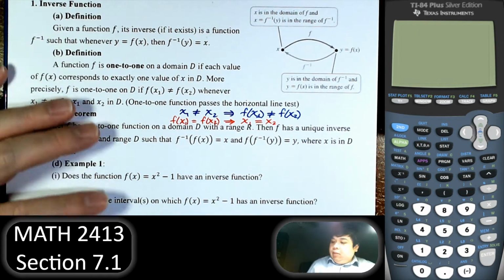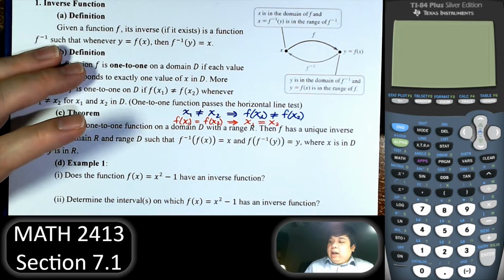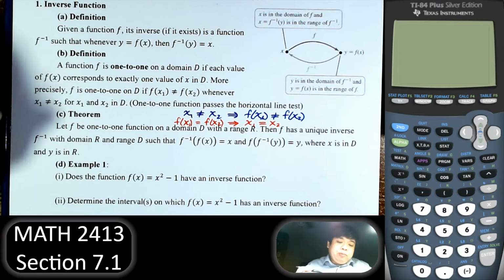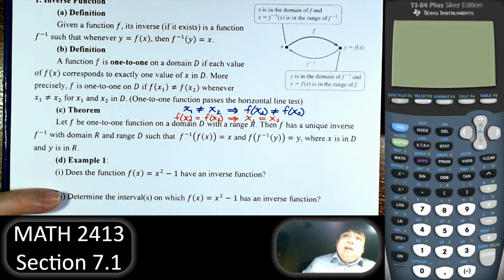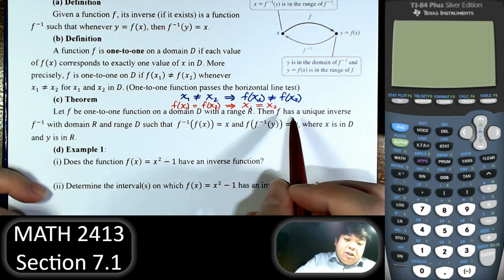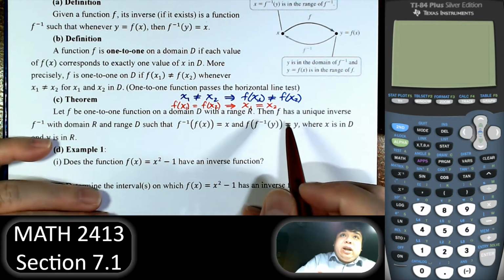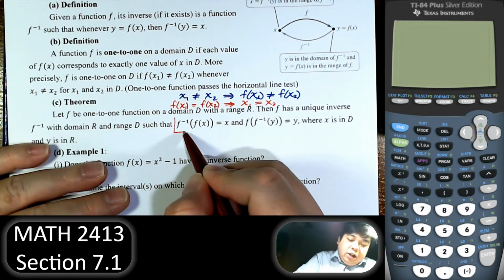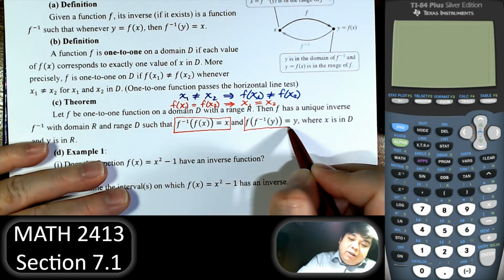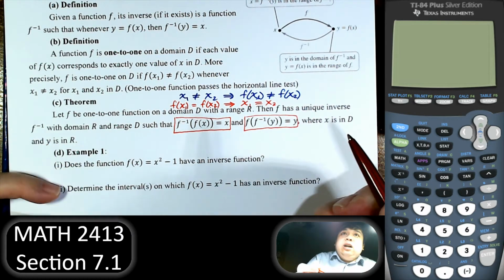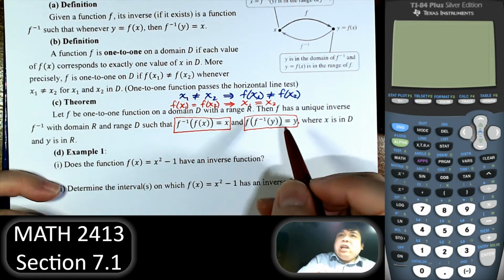Right. So that is a one-to-one function, and only a one-to-one function has an inverse. And whenever the inverse exists, it will be unique. And so the combination of the inverse and the function gives us back x, and f inverse gives back y. Whether it's x or y is not really important.